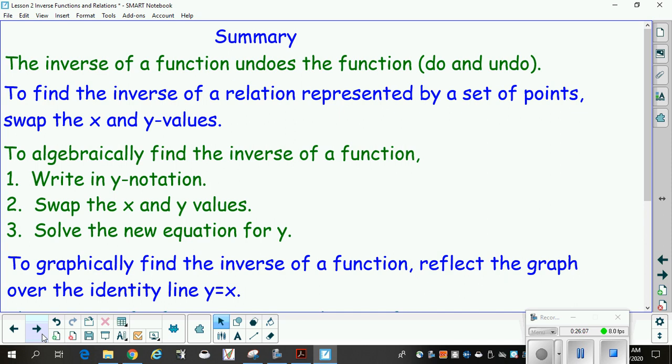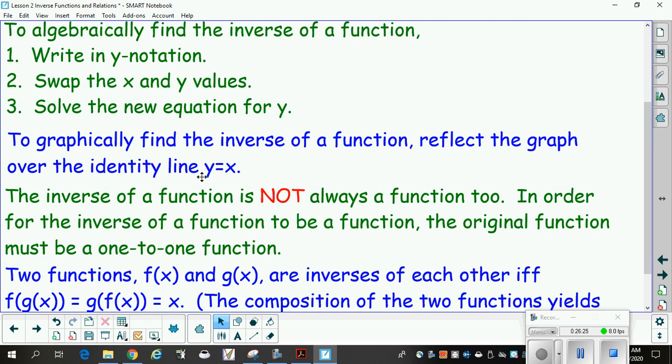To algebraically find the inverse of a function or an equation, write it in y notation. Swap the x and y variables and solve the new equation for y. To graphically find the inverse of a function, reflect the graph over the identity line, which is y equals x.